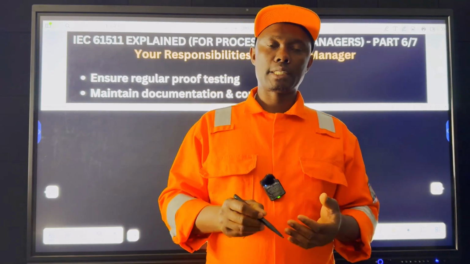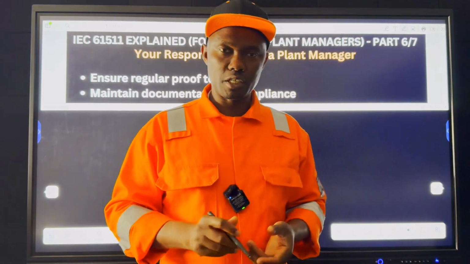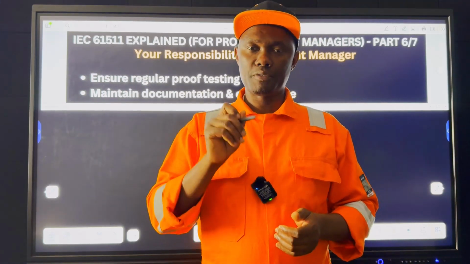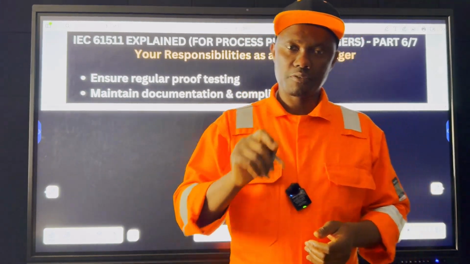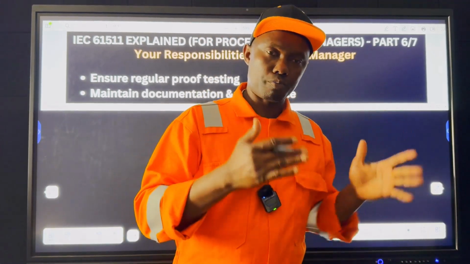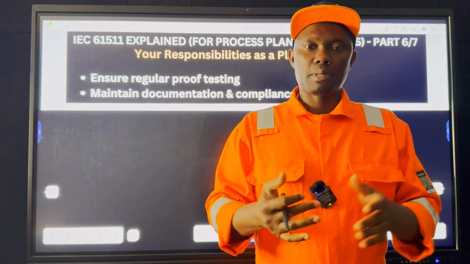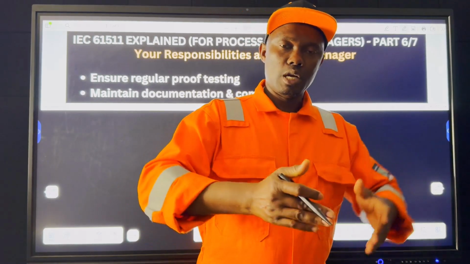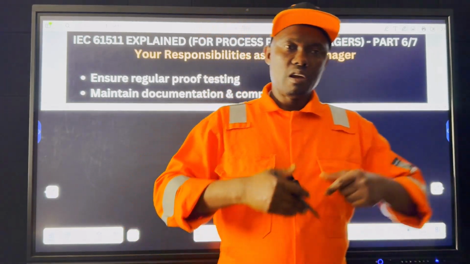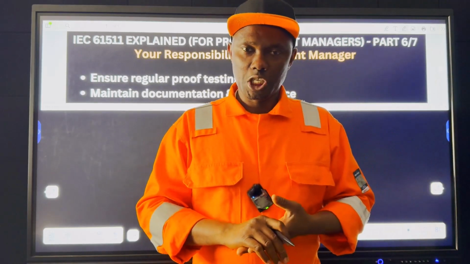You need to make sure that whoever, the system integrator or the functional safety team, that is carrying out modification on your safe loops or on your SIS system follows the proper due process. You as a plant manager should ensure that you've gone through your MOC, your management of change process, to justify the need for the change.